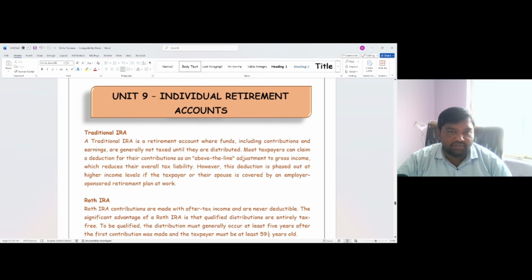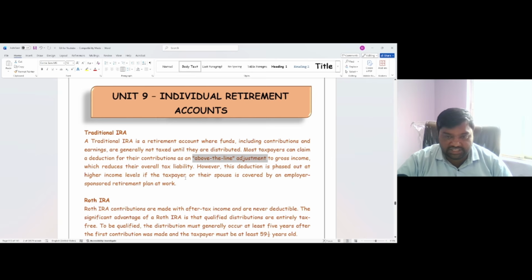So unit 9, individual retirement accounts. A traditional IRA is a retirement account where funds are generally not taxed until they are distributed. Whatever you are contributing will be given as an above the line adjustment. When they are distributed, meaning you are withdrawing the amount, then it will be added to your income.